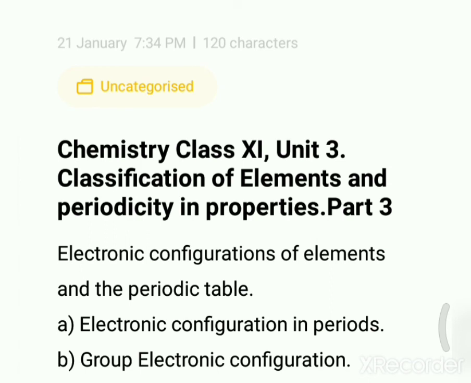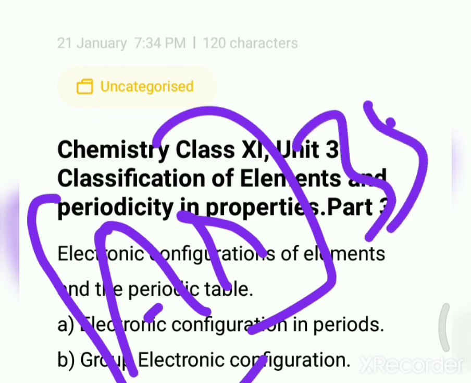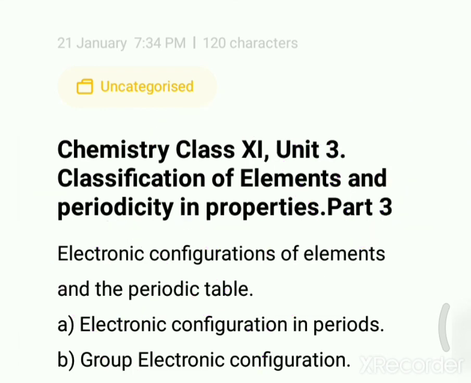In the simple form we can also write it as argon bracket 4s1. In the same way we can see a few other examples: rubidium, cesium, francium. All will get the corresponding electronic configuration.